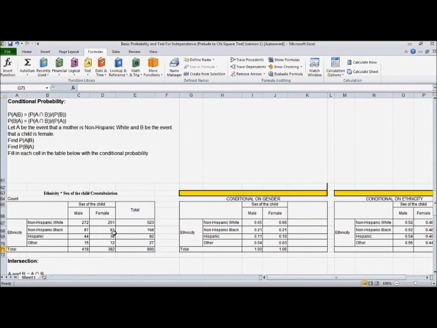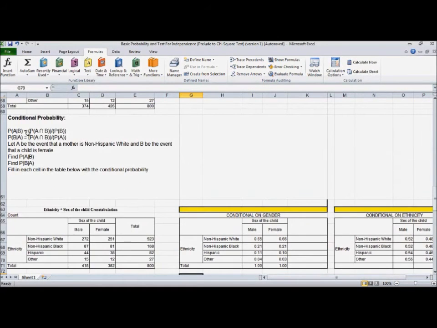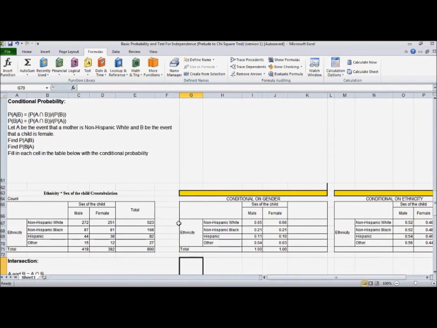So far we've done conditional probability using the method of simply dividing the count by the total in that column or row, and then we used the probabilities themselves using this full formula here. So we did the intersection divided by the row or column total, the marginal total, the marginal probability, excuse me.